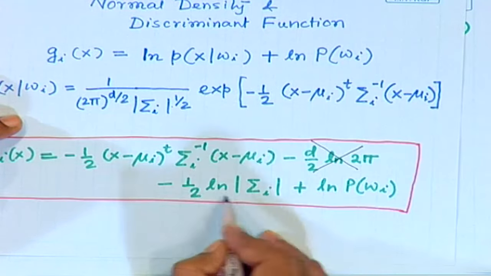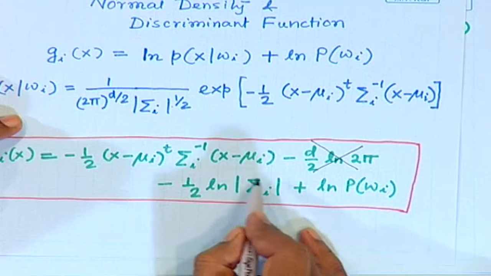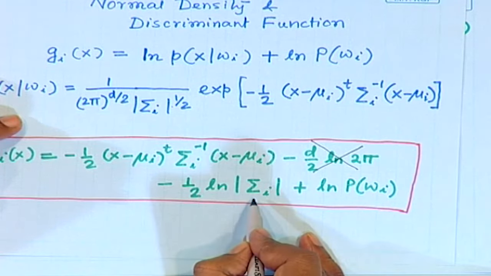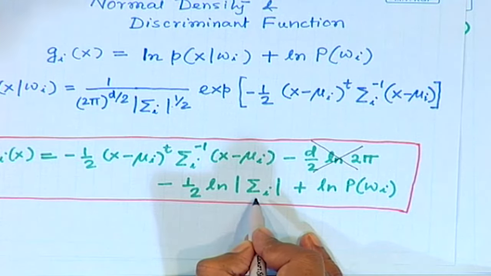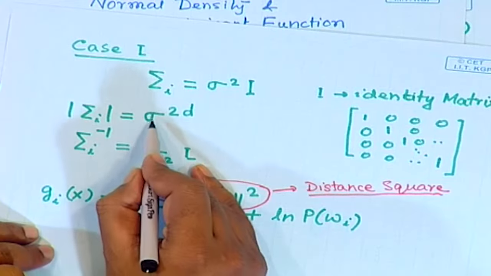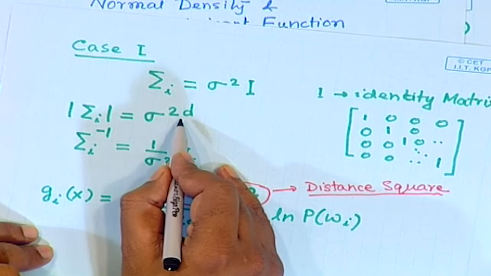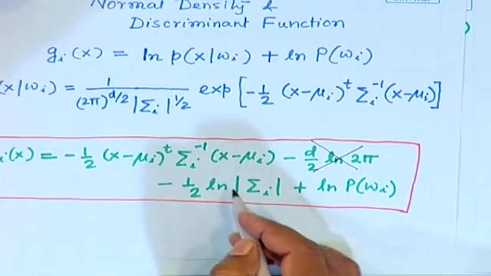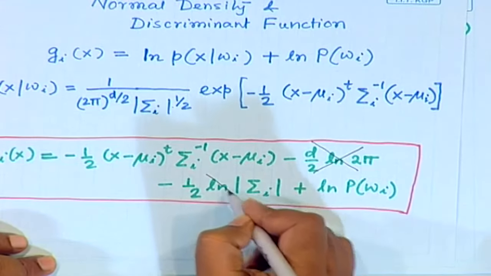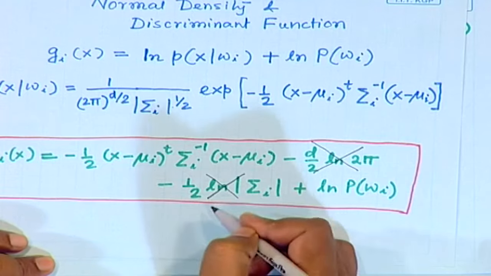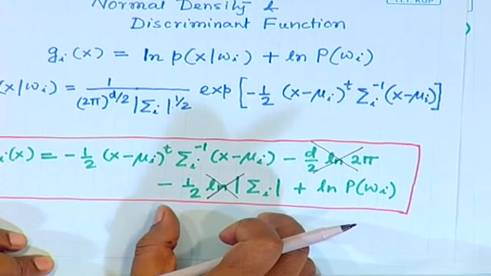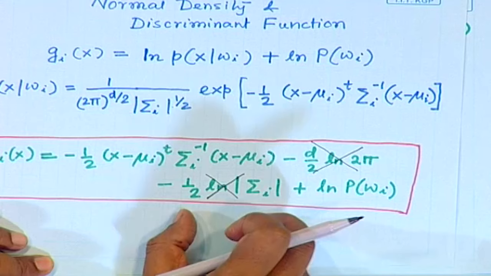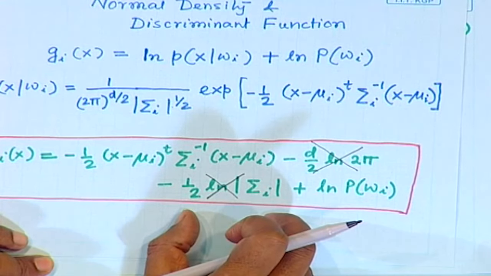Similarly, this determinant of Σ_i, that is the covariance matrix, in this particular case is nothing but σ to the power 2d, and this is also the same for all the classes. So this also becomes irrelevant in the discriminant function, because for all the discriminant functions the same term will be present and the value of this term will be the same.